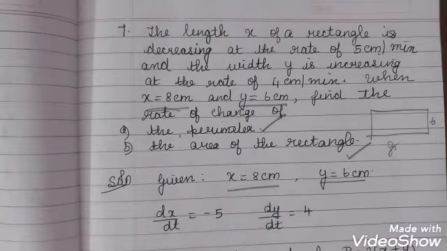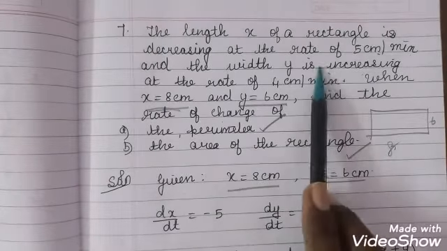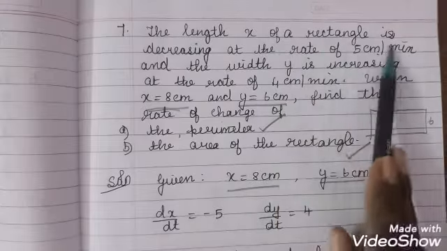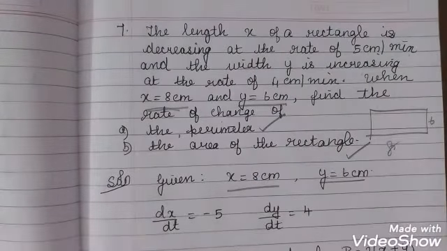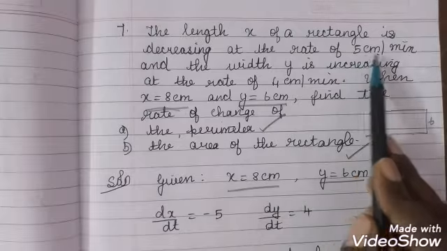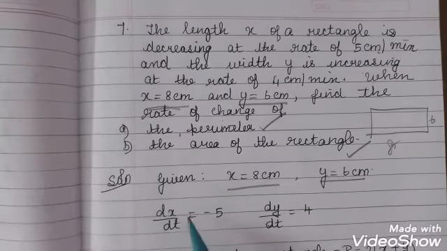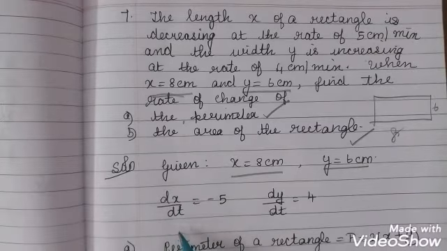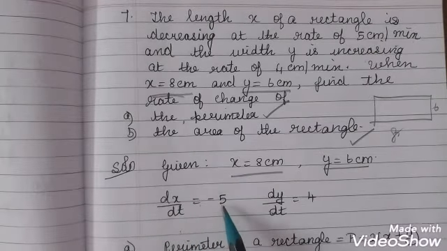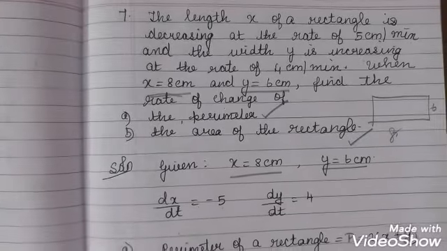Something else is also given in the beginning of the question itself. The length x of a rectangle is decreasing at the rate of 5 centimeter per minute. So if it is decreasing, how do I write here? There's a change, so dx by dt is equal to minus 5. Since it is decreasing, I write it to be equal to minus 5.